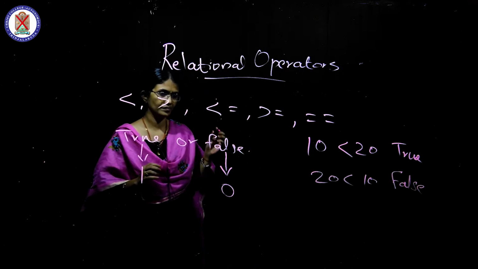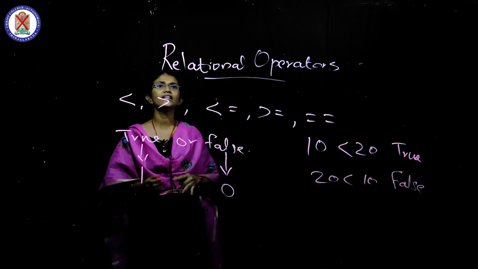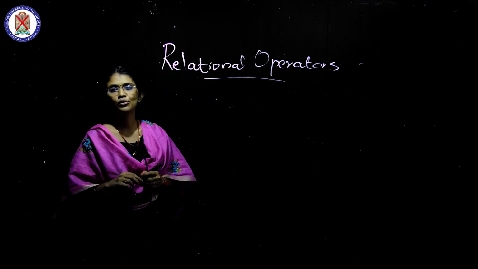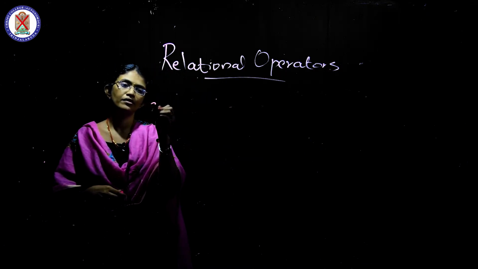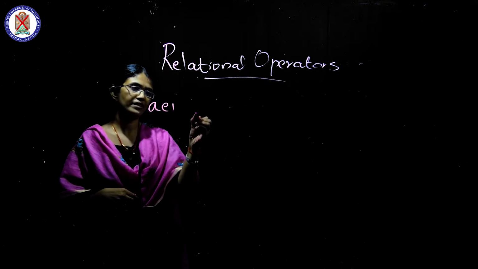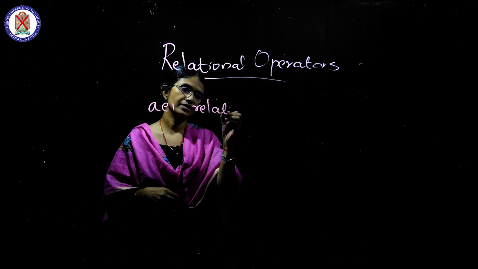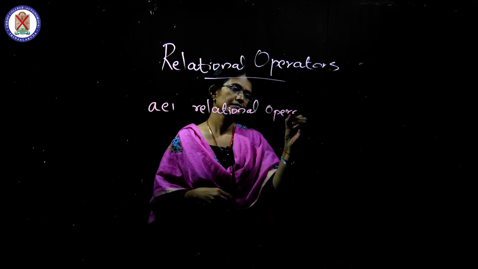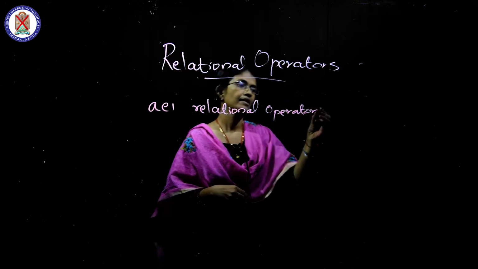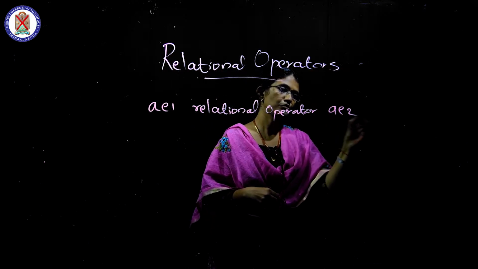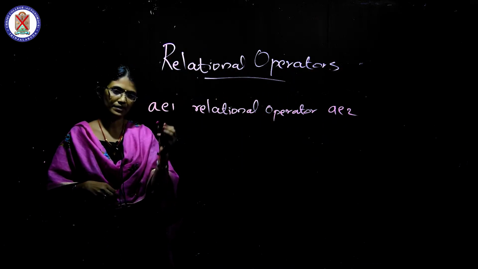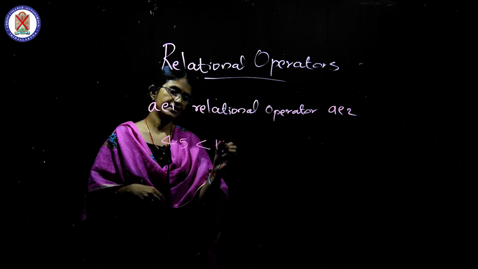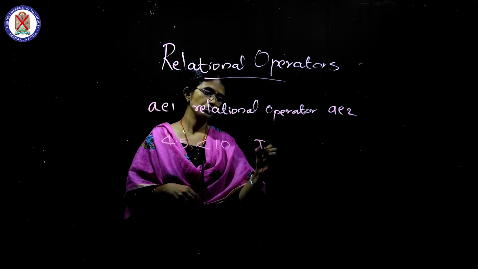A simple relational expression contains only one relational operator. We can write it like this: arithmetic expression 1, relational operator, arithmetic expression 2. For example, 4.5 less than 10. This is true.